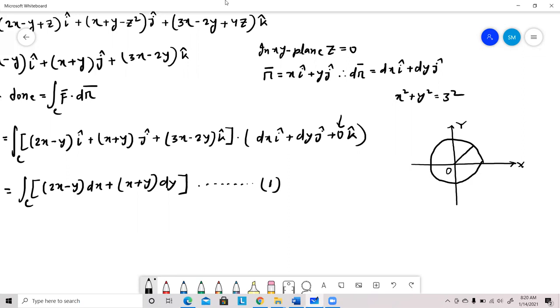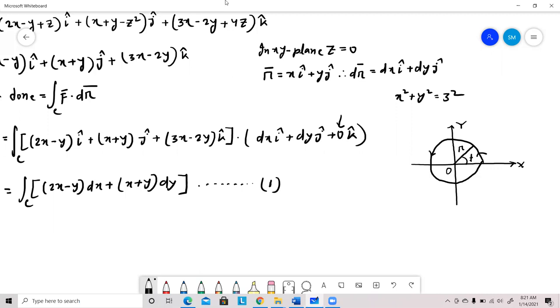So here the radius r, an angle say t, and the positive direction is the anti-clockwise direction.